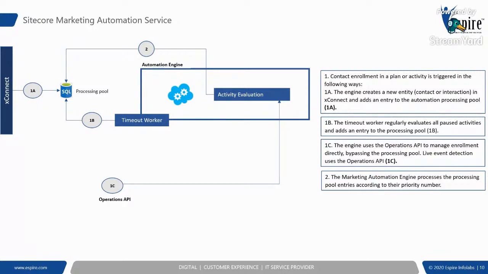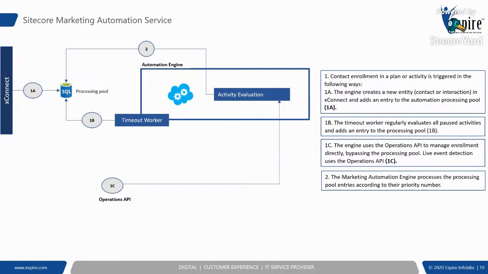This is the key difference. 1A and 1B, XConnect or timeout worker, enroll the data into our processing pool database, but any enrollment done through an API gets priority, and the contacts will directly get enrolled into a marketing automation workflow.